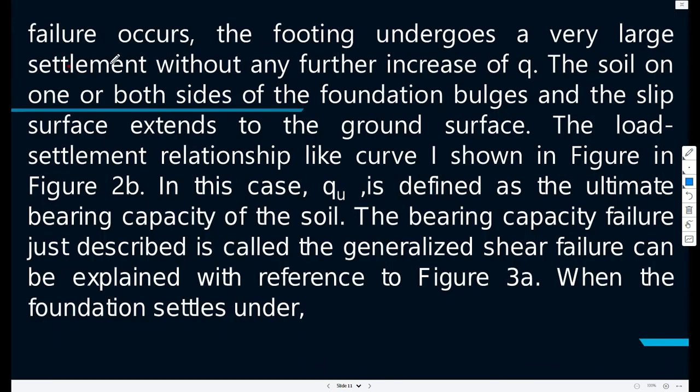When bearing capacity failure occurs, the footing undergoes very large settlement without any further increase in Q. The soil on both sides of the foundation bulges, and the slip surface extends to the ground surface. The load-settlement relationship curve is already shown in figure 2b.